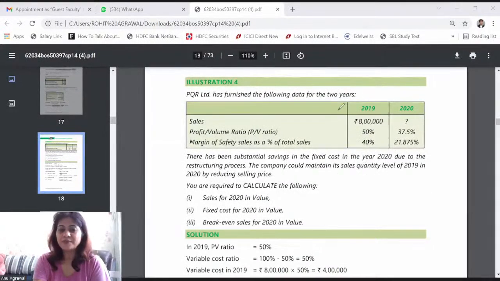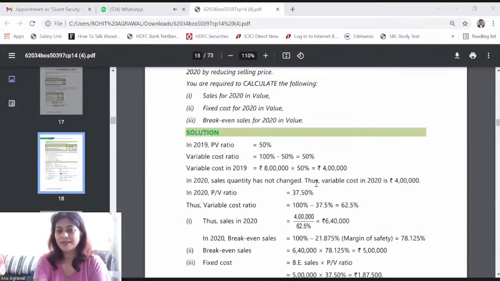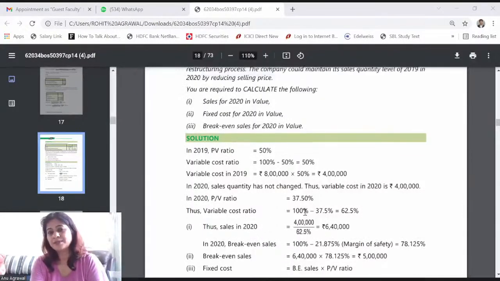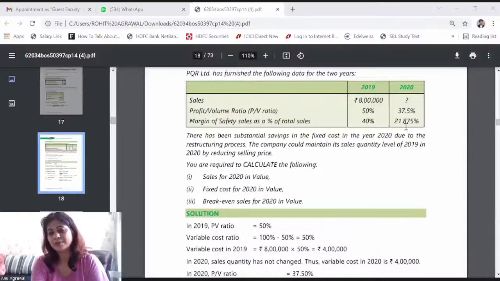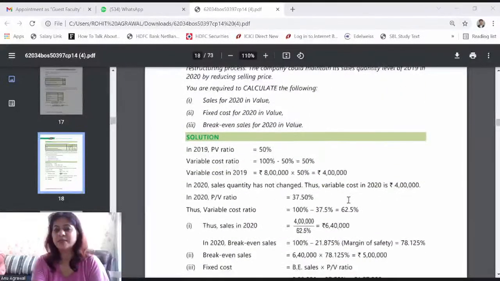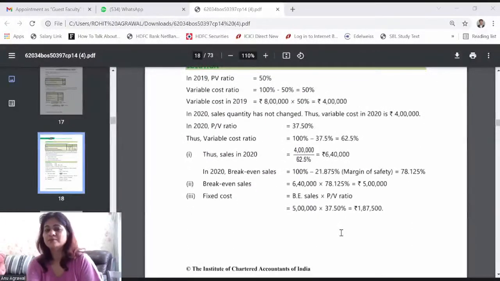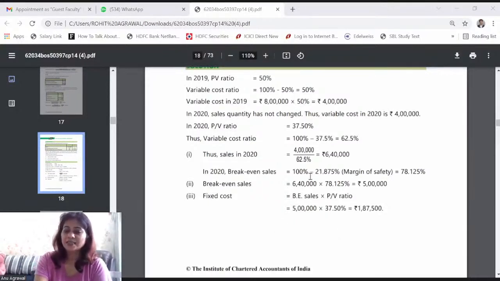Now, if fixed costs have reduced, what do you need to do? Anyway, now you know the total sales of 2020, which is 6,40,000. You know that the percentage of margin of safety sales is 21.875. So the percentage of break-even sales will be 78.125. If you relate it, you'll be able to get your fixed cost, because 78.125% of 6,40,000 is going to be 5 lakh, which is the break-even sales.